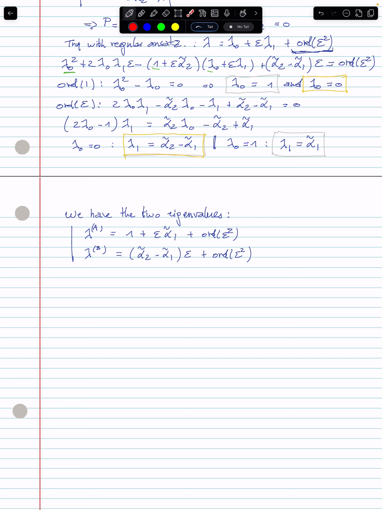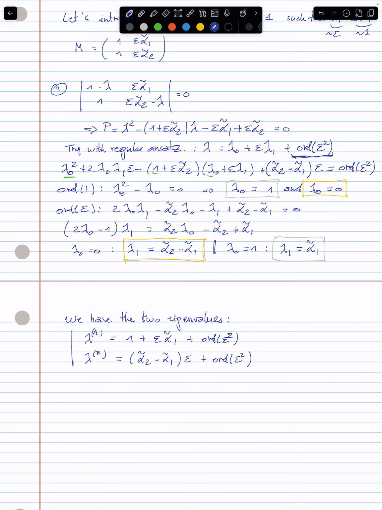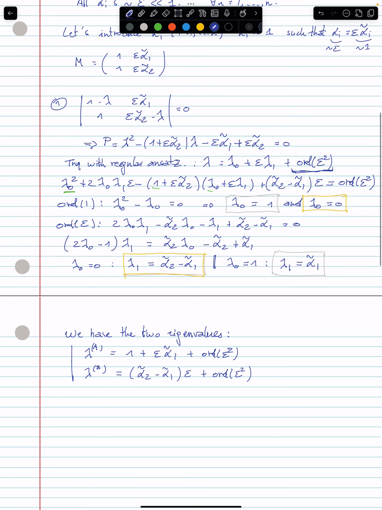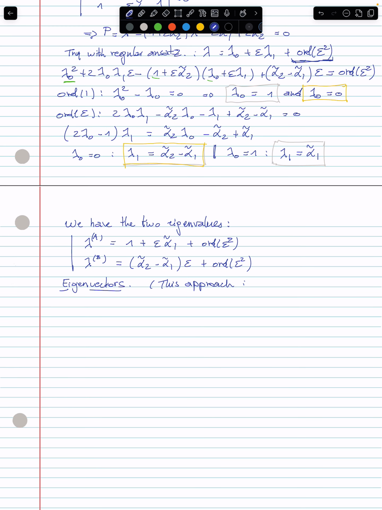We could try to determine the corresponding eigenvectors, which is something that is also possible, although this is only feasible, I would say, when we don't have too many terms in the expressions we keep for the eigenvalues. All right, but let's try to see how we can do this. Eigenvectors. I should also say that this approach here is not really elegant, and you would definitely prefer the general method to determine the eigenvectors.